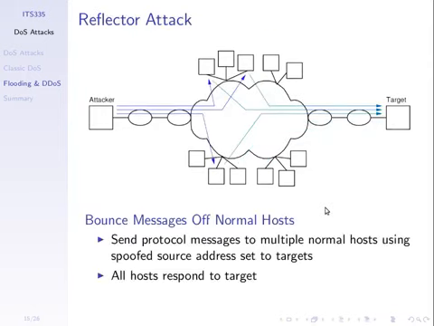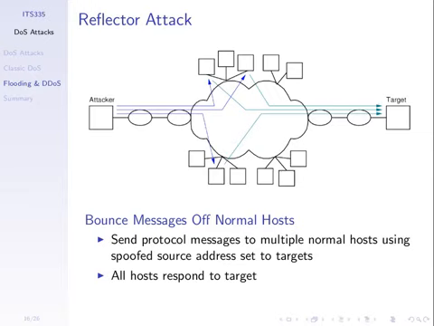And the other approach is called reflection, which is you set the destination to be one of the other computers and the source address to a fake address, which is that of the target. So the approach is, I want to send to the target, but what I do is I send the ping messages to these other selected, maybe randomly selected computers, with a fake source address, where the source address is that of the target.